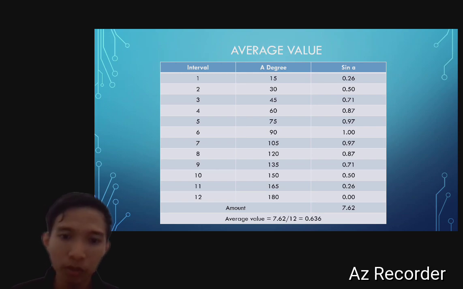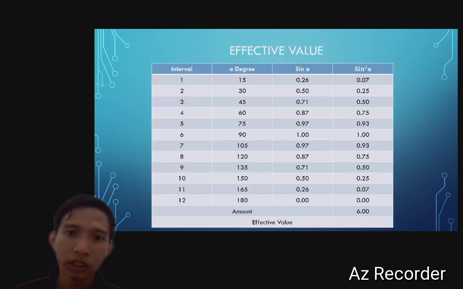And at 180 degrees, the half circle, we have 0 value. The total amount of sin alpha is around 7.62, and the total divided by 12 is equal to 0.636.